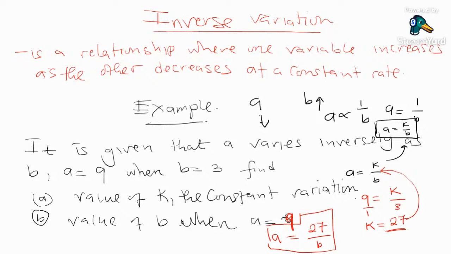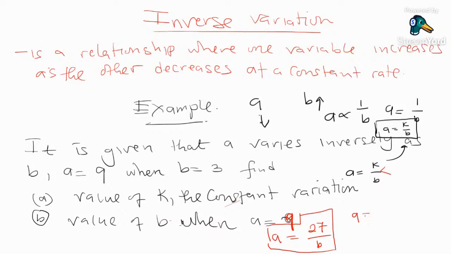Okay, so now let me just clear this part. We know that K is 27, which is already there. So I say find B. A in this case is given as 9, like I said.